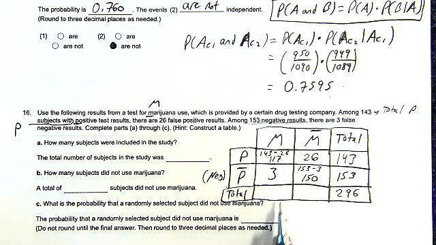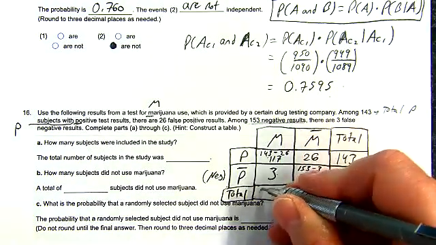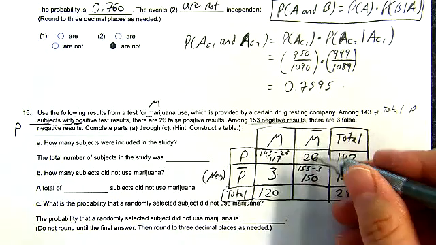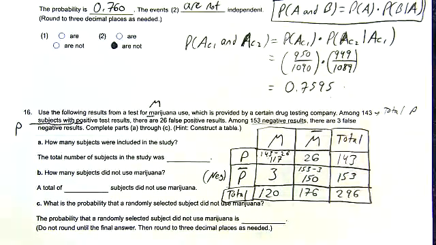And then we can add straight down and get 120 for total users and 176 for total people who did not use. And again, these two numbers should add up to 296, and they do. So everything checks out. So that's the hard part. That's the table. And now we can answer any question about it.